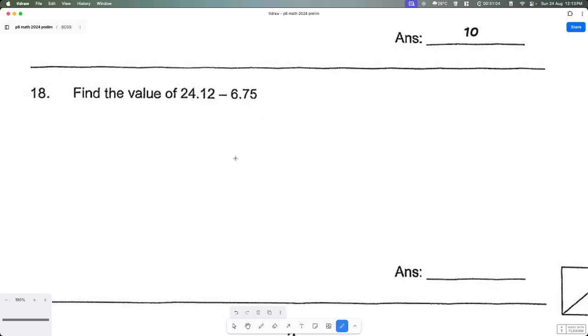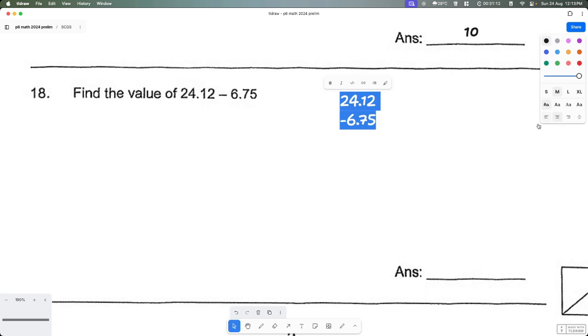24.12 minus 6.75. So you can just do normal subtraction, minus 6.75. Okay, so let's do this. 2 minus 5 cannot, so we borrow 1 from the 1 over 12. So this will give us 7, and then we cancel 1 to be a 0. Cancel this to be a 0.